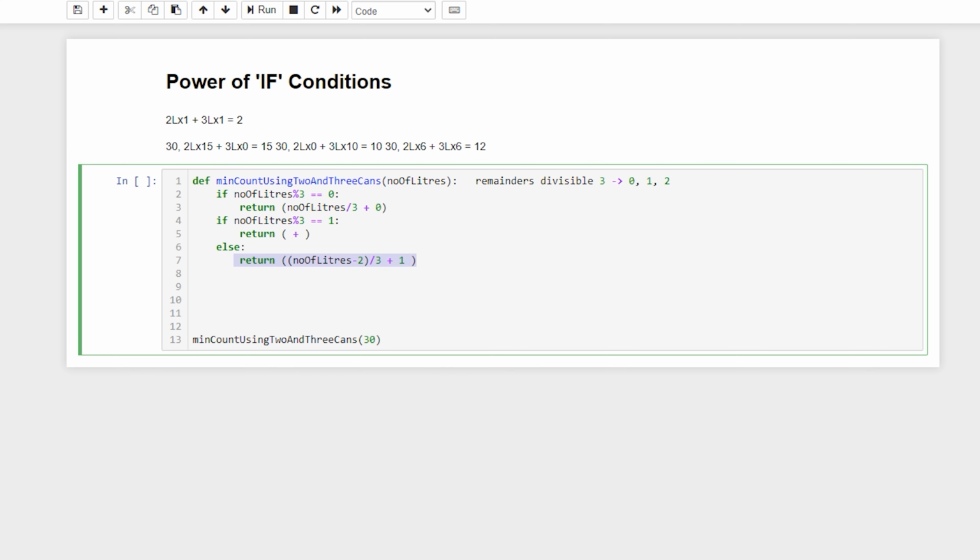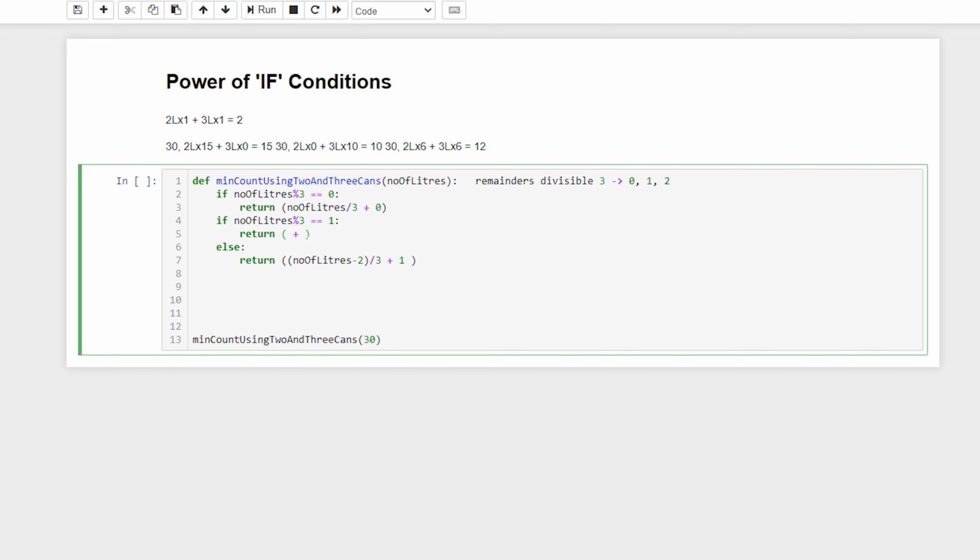Now coming to this point. Let's say we are measuring 4 liters. Let's say I pass 4 liters. Obviously 4 liters cannot be divisible by 3. We also cannot do 4 liters minus 2 liters, because obviously then only 2 liters would remain. So this condition will not come. And 4 liters modulus 3 has remainder 1. Here only we have to write the code.